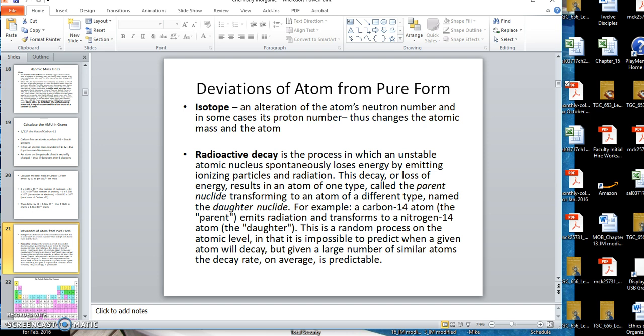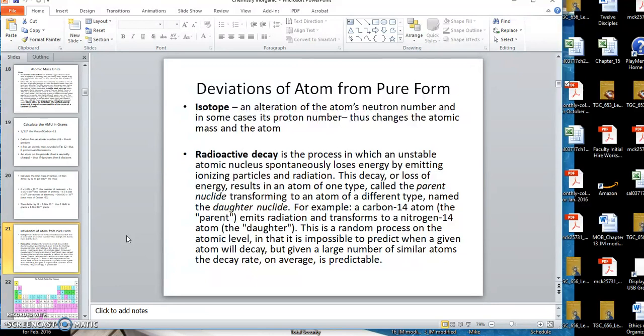I call this deviation from the purest form. In deviation from the purest form, one deviation is what I'm going to call an isotope. An isotope, iso meaning same, is the same atom, but a difference in the neutron number.